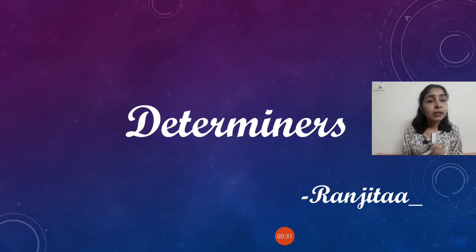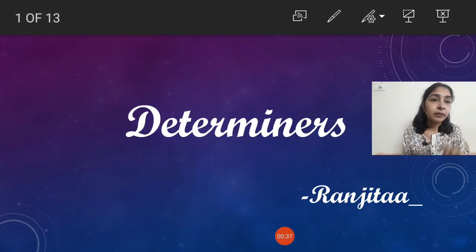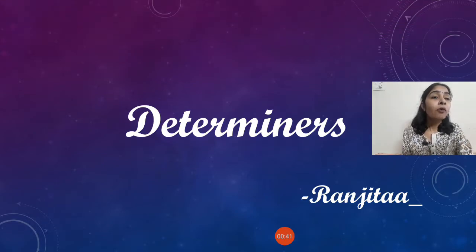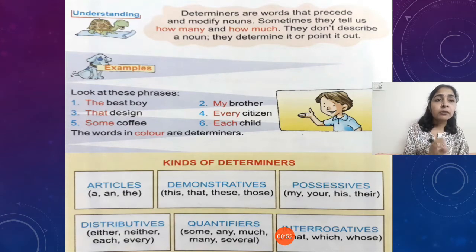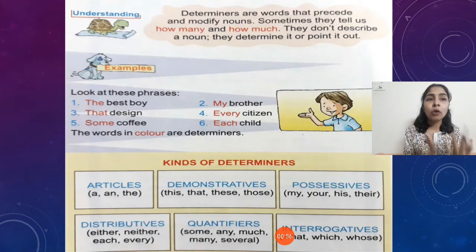Okay, now let us start with the topic determiners. And the first thing we should understand is what determiners are. They are very confusing. Determiners are generally confused with pronouns and adjectives, because even sometimes adjectives also determine the quantity.